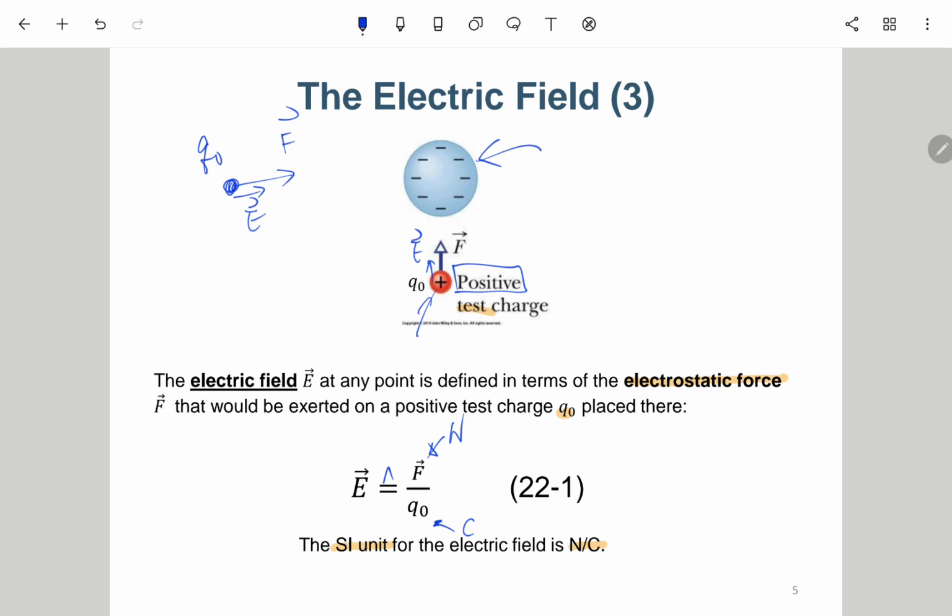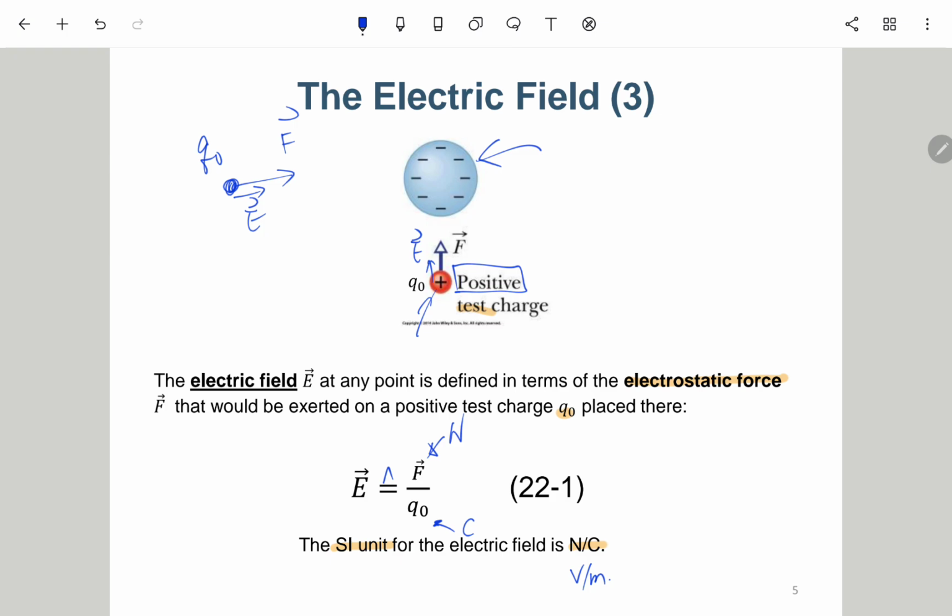So N over C is the SI unit of E. And in chapter 24, you will also learn another SI unit for the E field, which is V over M. Both are correct. If you answer in a quiz or exam, N over C and V over M are both correct for the SI unit of the E field.